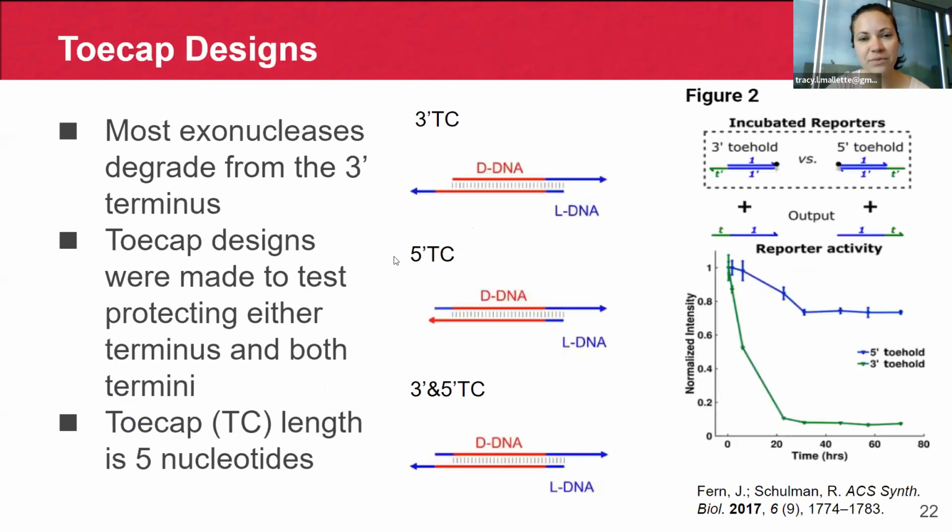So these protective motifs, we refer to them as toecaps, as they're protecting the toeholds. We know that most exonucleases degrade from the 3' terminus, so we wanted to design a couple systems to see, does every part of the circuit need to be Triblock, or can we use less LDNA and still protect our circuit?